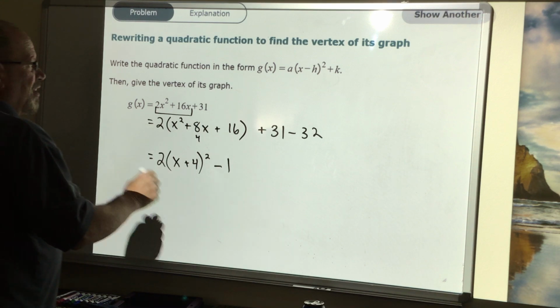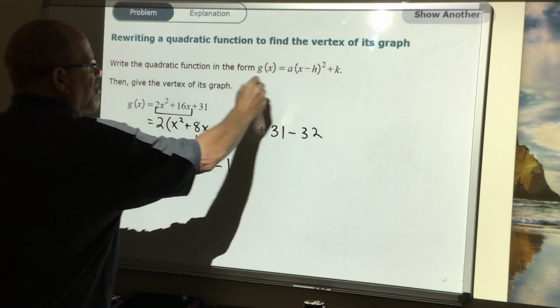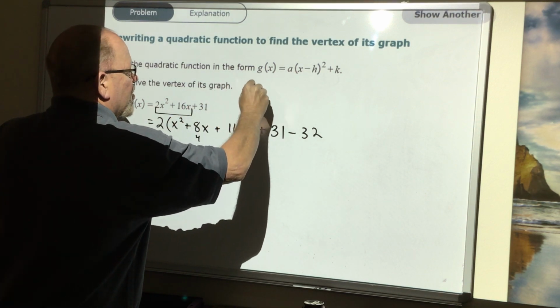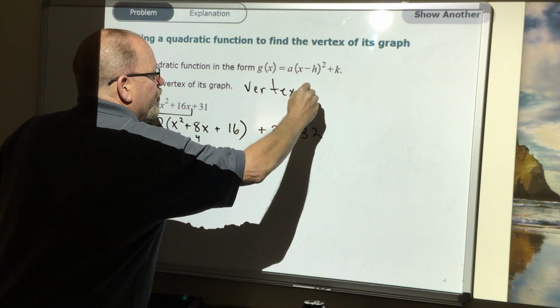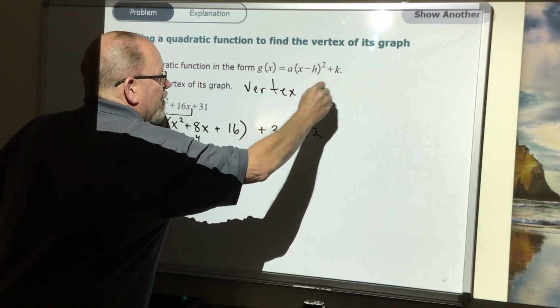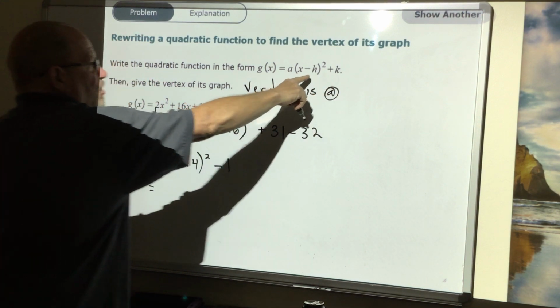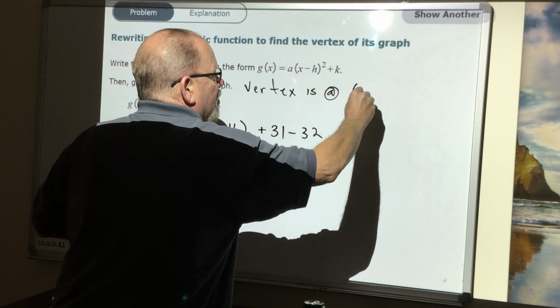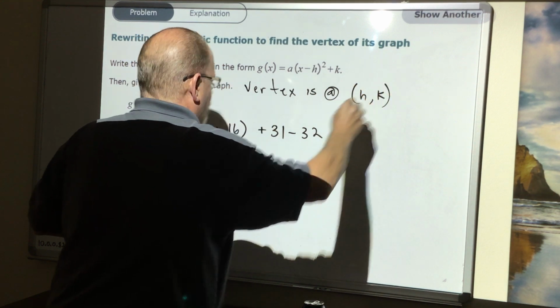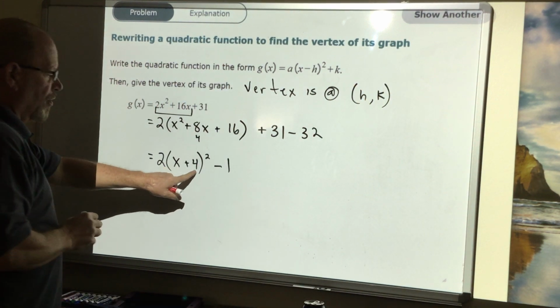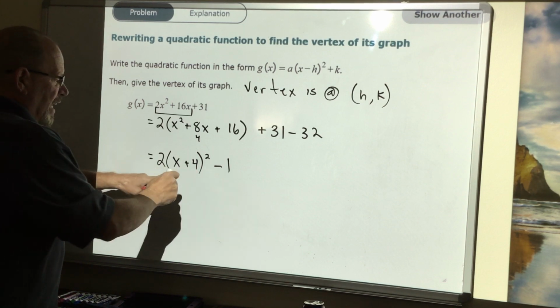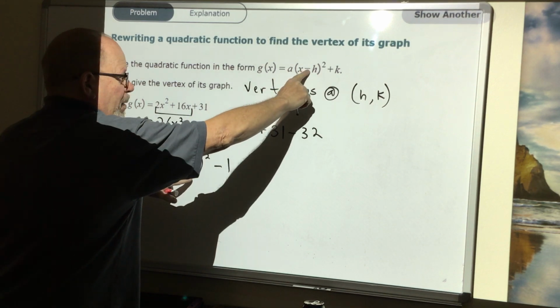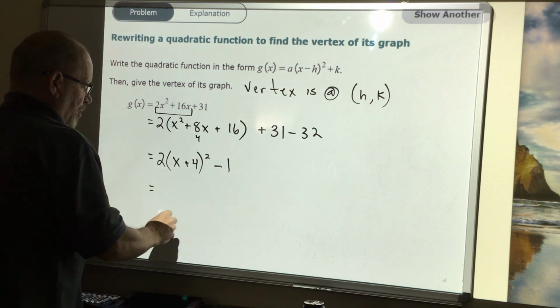But in this case, the vertex is at h comma k. So what is h here? Don't say 4. Remember that says minus, this says plus.